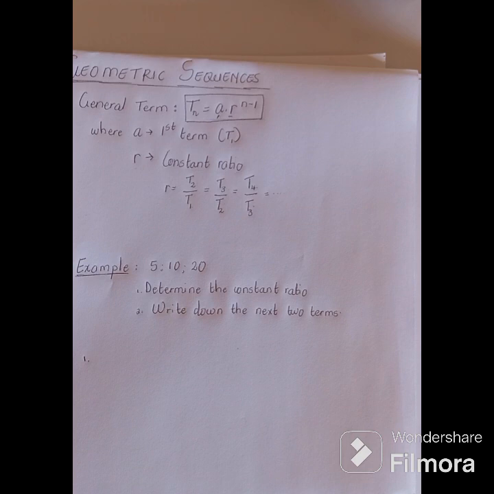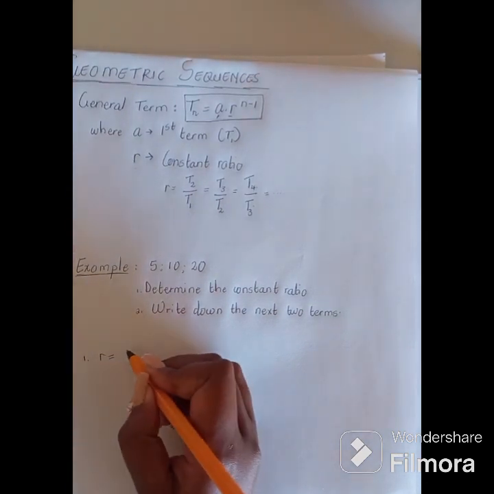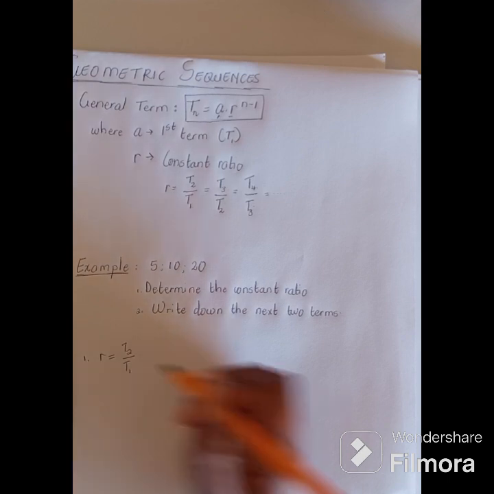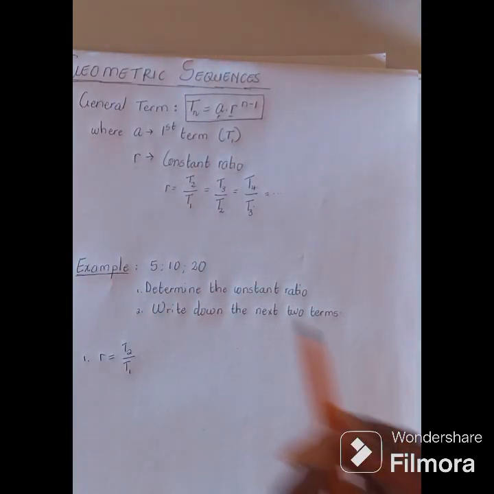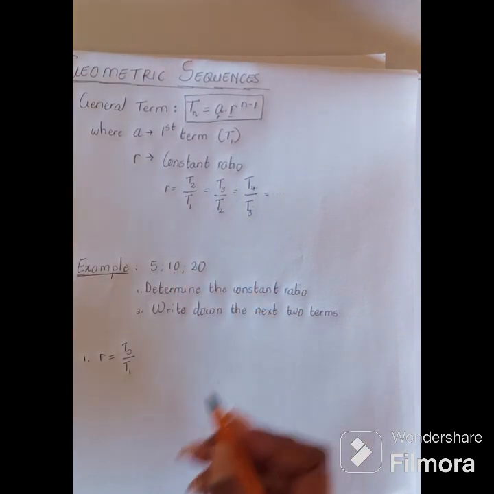Remember, I told you that for the constant ratio, you just say T2 divided by T1, or T3 divided by T2. In this case, we're going to say R is equal to T2 over T1. If we look at our sequence, term number 2 is 10.